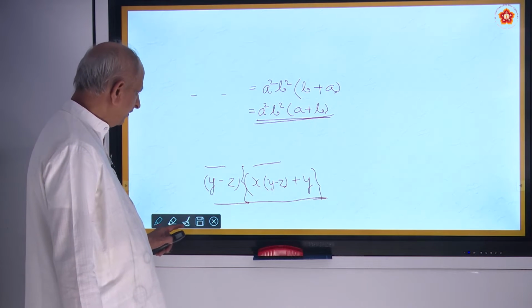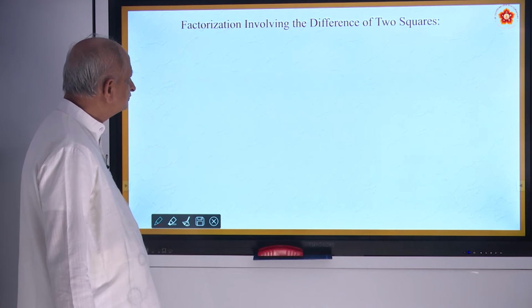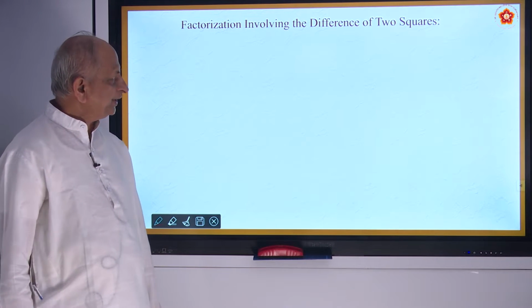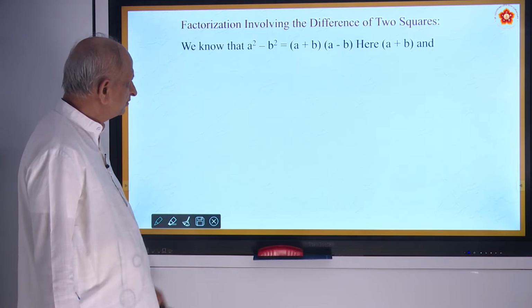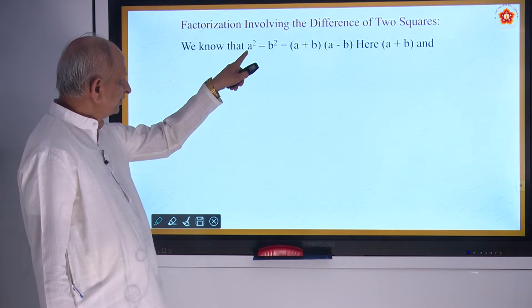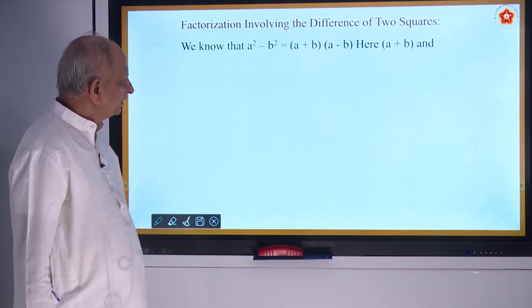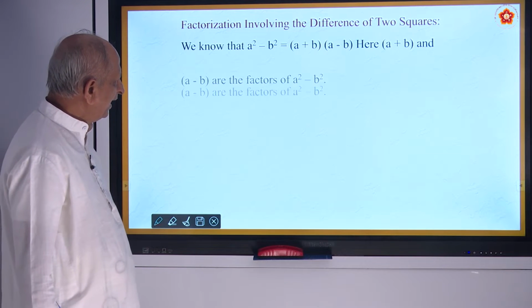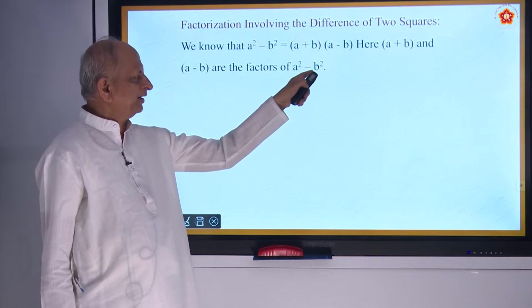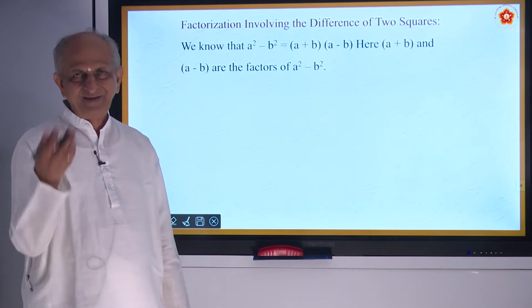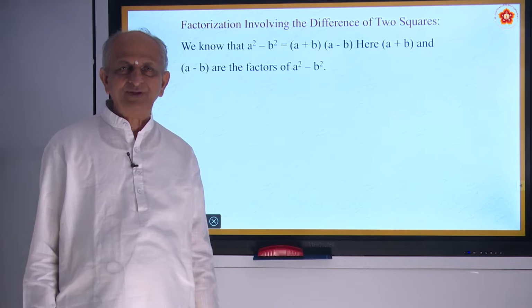Okay, next problem. Factorization involving difference of two squares. Suppose you have, then the formula is a squared minus b square. Here a plus b and a minus b are the factors of a squared minus b square. Come on, what are the factors of x squared minus y square?